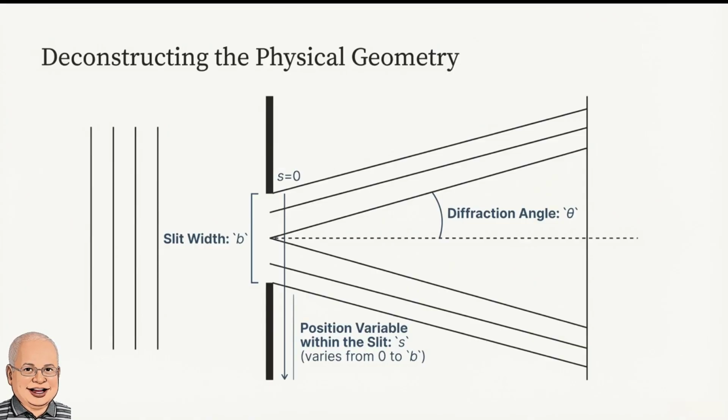Diffraction is occurring at an angle theta, and the light coming out of the slit is projected on a distant screen. The distance, say capital D, is much larger than b, the slit width. Next.